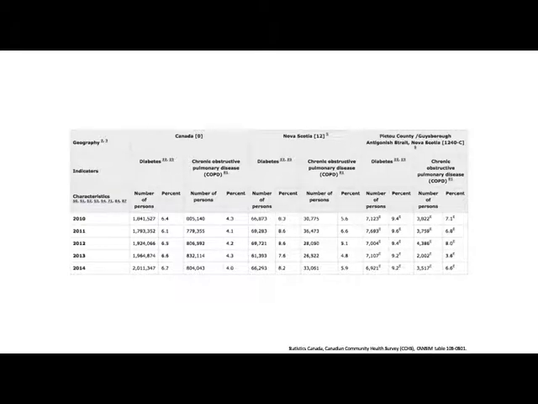One thing to notice, and this is true of almost every chronic disease that you look at, every incidence of health or descriptor of health, fruit and vegetable intake, leisure time physical activity, smoking, cancer, COPD, there's this relationship.